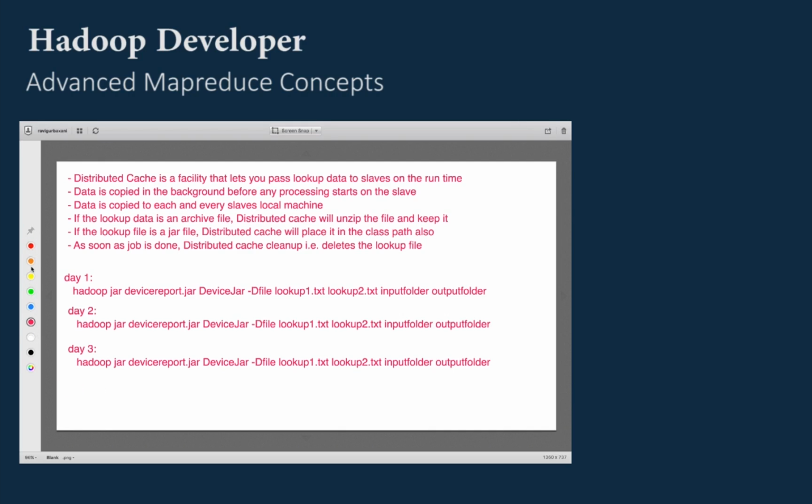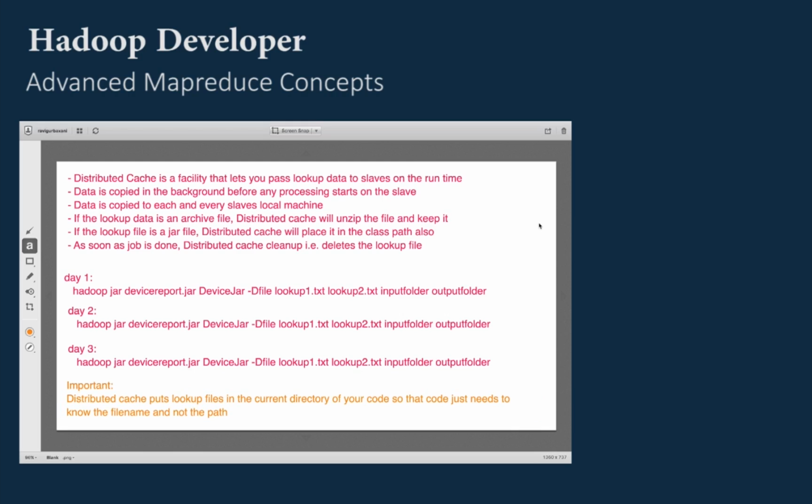And one of the most important feature is distributed cache puts lookup files in the current directory of your code, so that code just needs to know the file name and not the path.